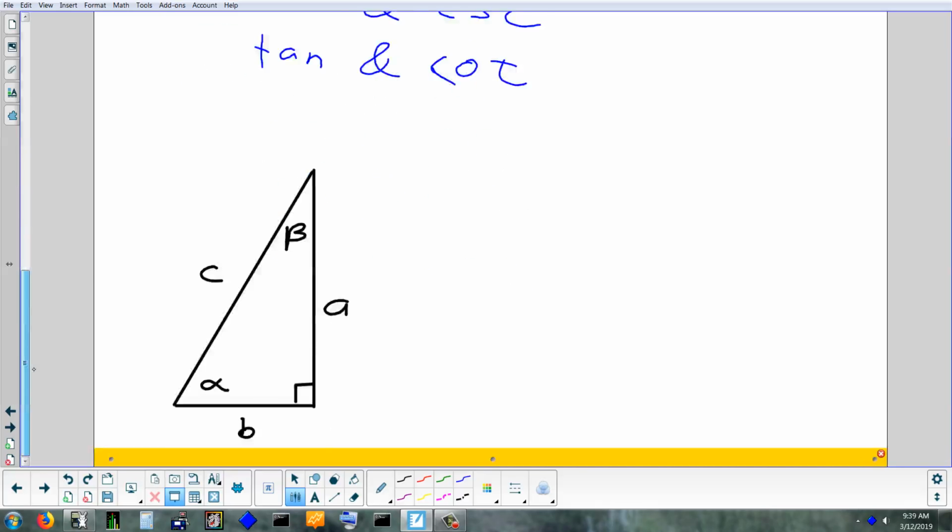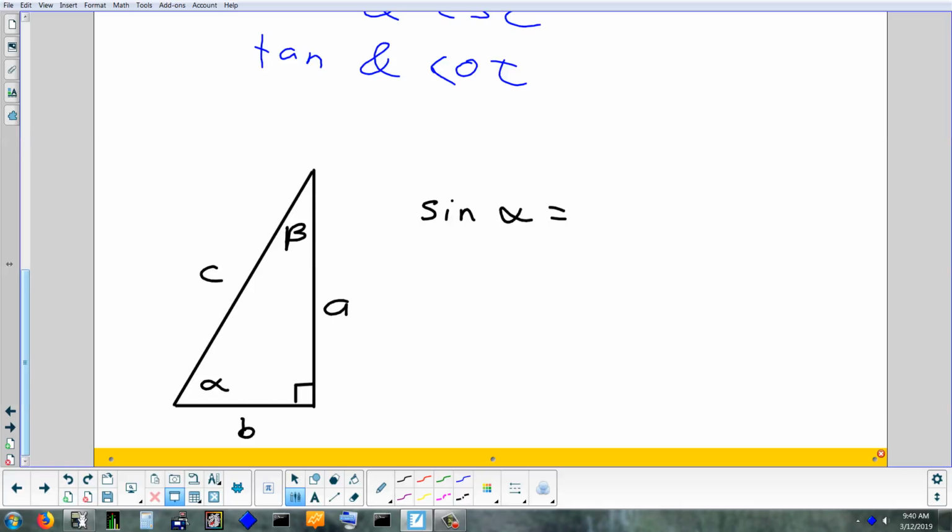All right, so let's do some trig functions. Let's find the sine of alpha. Now, these aren't going to be numbers. They're just going to be a letter over a letter. Okay, so Kyle, what's the definition of sine? Do you have it in your notes?